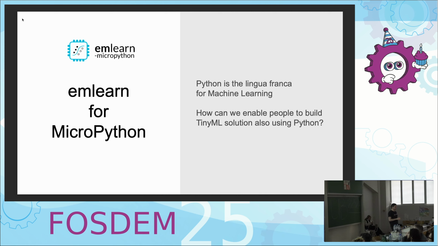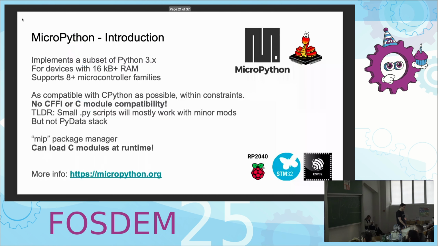The alternative to the emlearn C library is to use the emlearn MicroPython library, because as I mentioned, many people that do machine learning speak primarily Python, and it's very interesting to be able to use those skills directly on these kinds of devices. So MicroPython implements a subset of Python 3, so it's a really nice practical way of getting into these kinds of microcontroller devices.